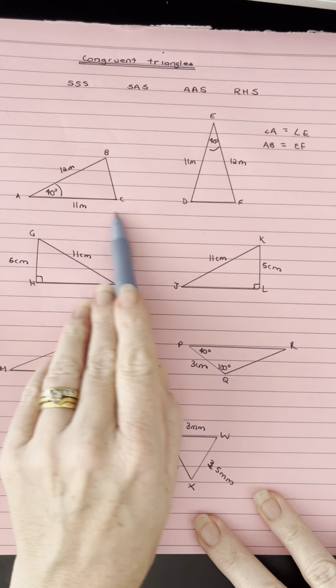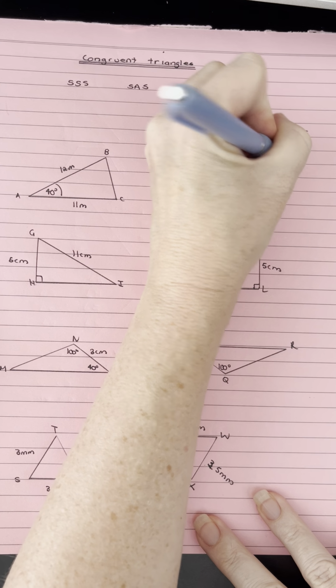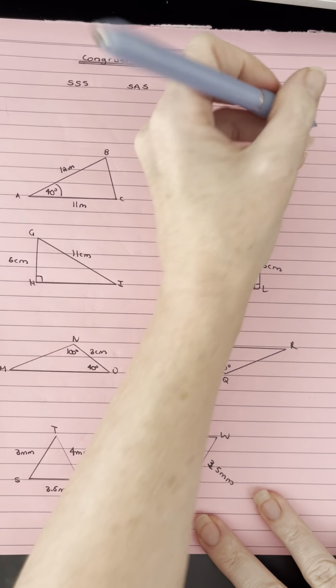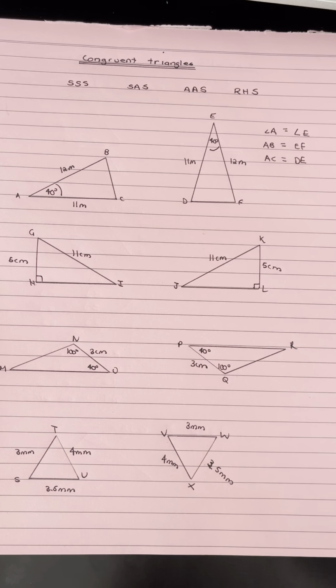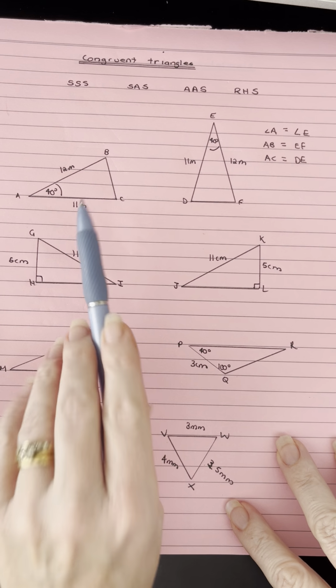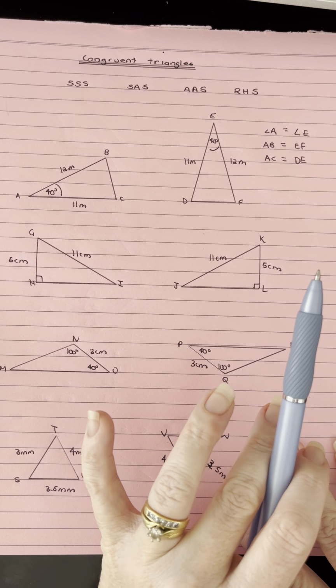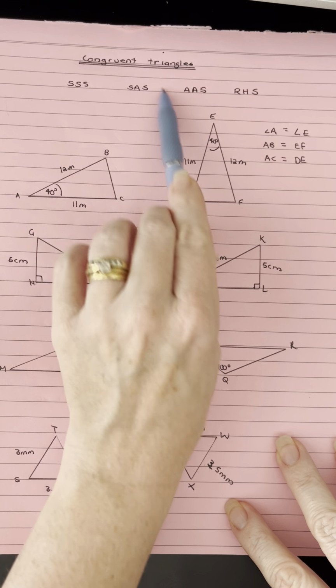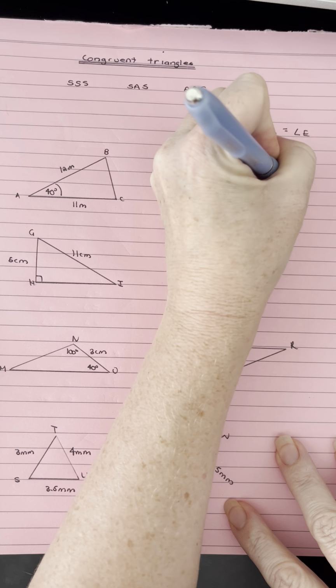Then we can see that side AC is equal to side DE. So we now have one matching angle and we've got the 2 sides that adjoin that, so the angle is between the 2 sides. So we have the 3 pieces of information. That means that it is going to be side angle side.